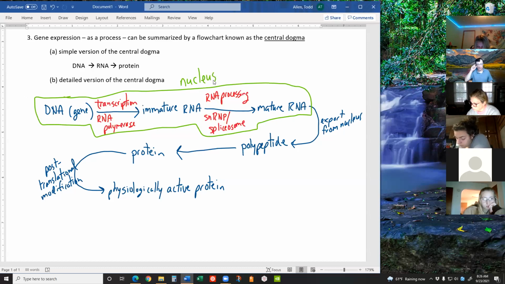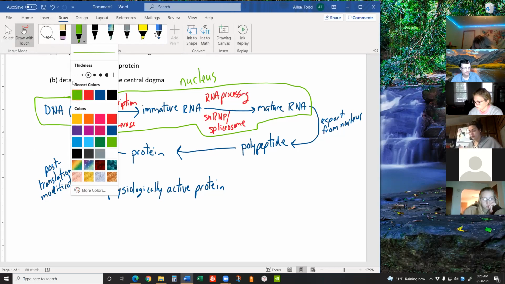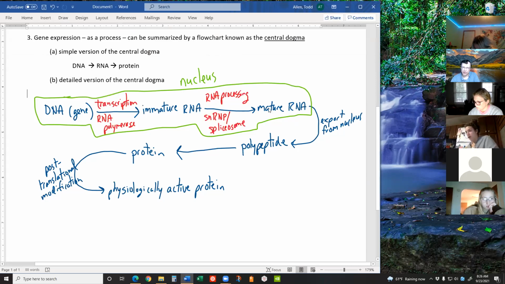The nucleus is an environment that is optimized for the process of manufacturing and processing the RNA. The machinery to do all of that is in the nucleus. Okay. So as we've indicated on your flow diagram here, the next step is going to be to take the mature RNA and export it from the nucleus.